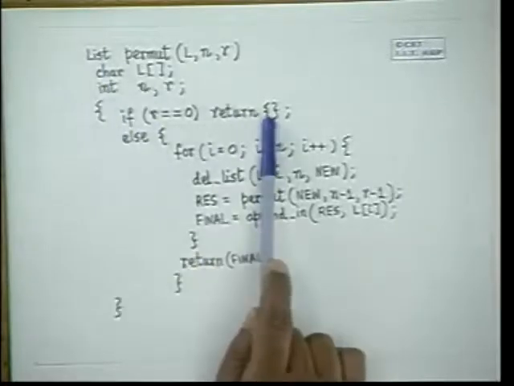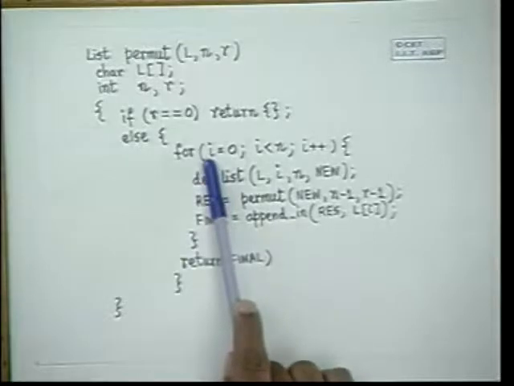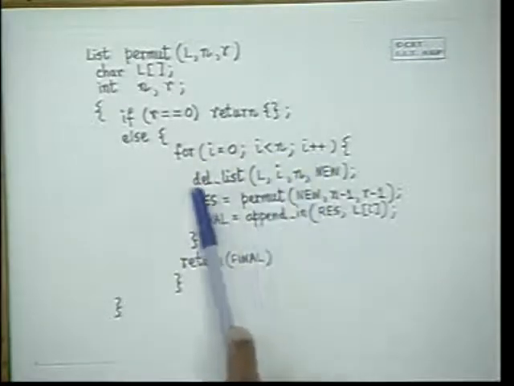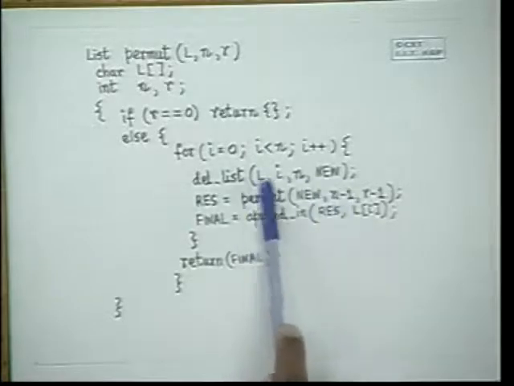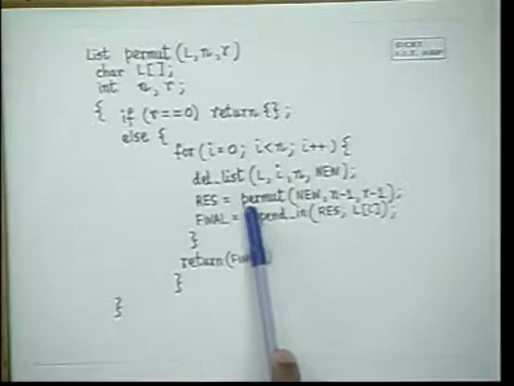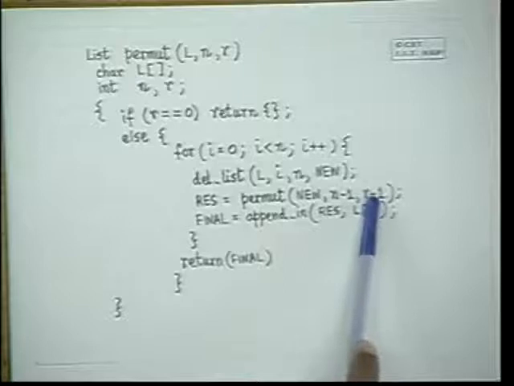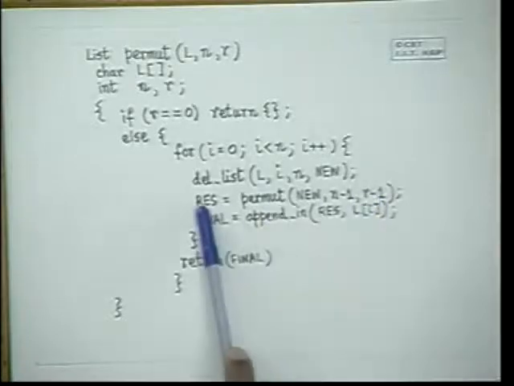So we return null. Else, for I equal to 0, I less than n, I plus plus, we use that function delete list. We delete the ith element. All right. And then we call it on new with n minus 1, r minus 1 as we discussed previously, and we get result.